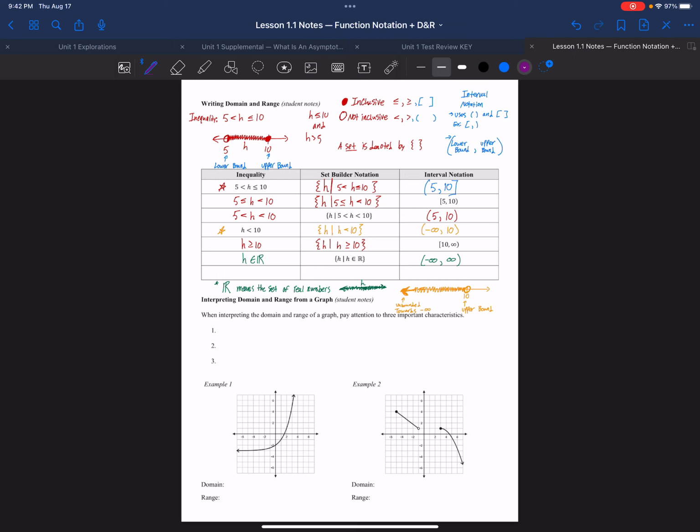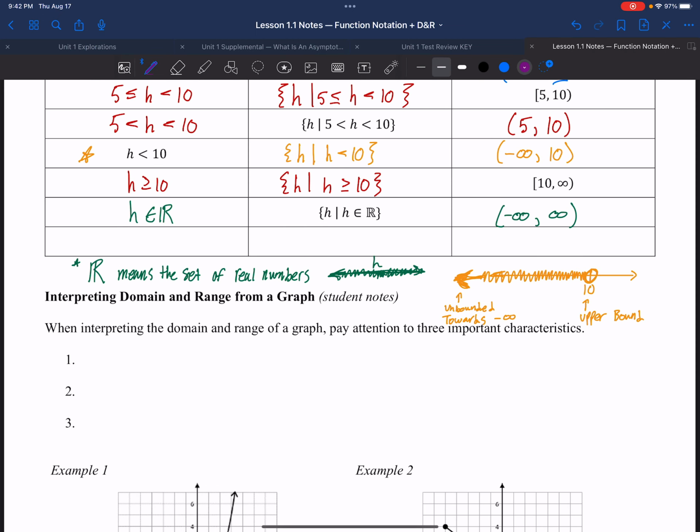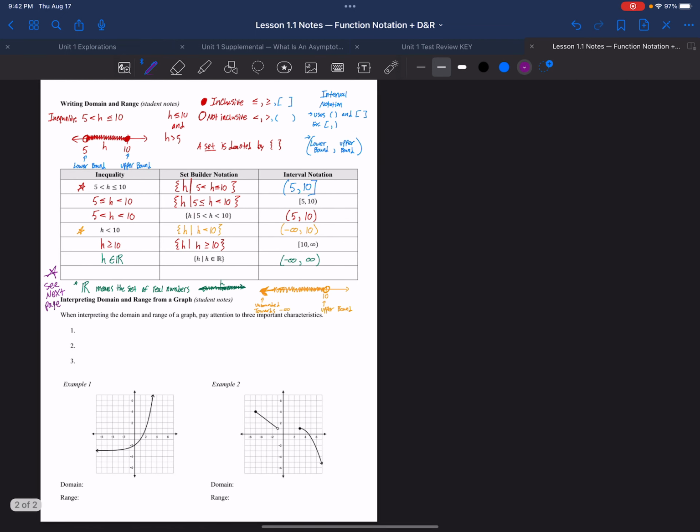Give Mr. Spake some think time. Here's what I'm going to do. I'm going to say, for the purpose of these notes right here, see next page. Okay? I'm going to go over to the next page.